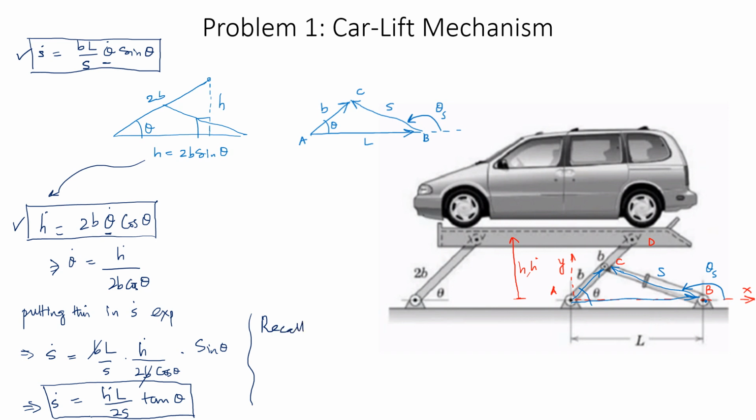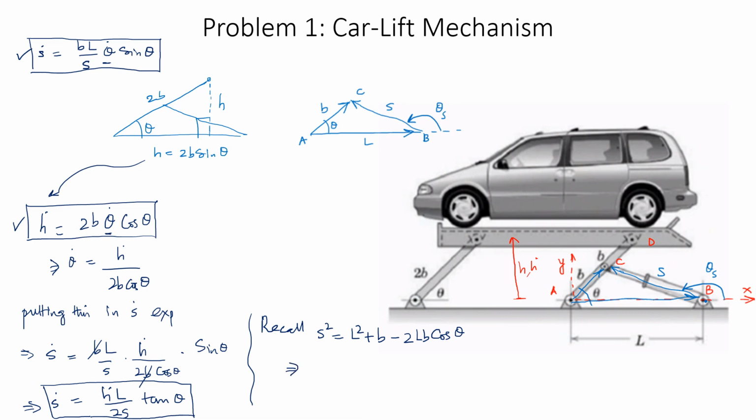Recall that that expression was something like, if I remember correctly, s squared is equal to l squared plus b squared minus 2lb cos of theta, something like that. So you know that you have the s squared term already known, so you can take the square root on both sides and find out the expression for s. This would mean that I can plug this value into the expression for s dot.